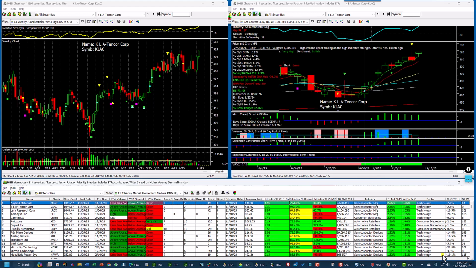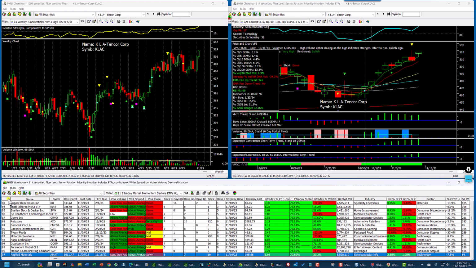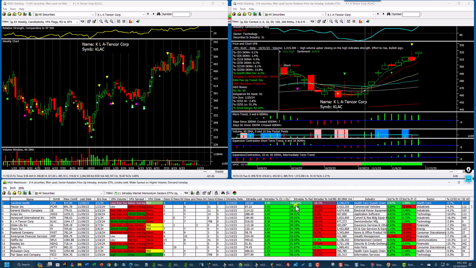Now we're a half hour into the market. Another thing I like to do is look at the intraday range, sort on that, and look for stocks that are trading near the top of their intraday range. And you can see that Cardinal Health. So let's start over here. Yesterday, volume was less than average. The spread was below average.